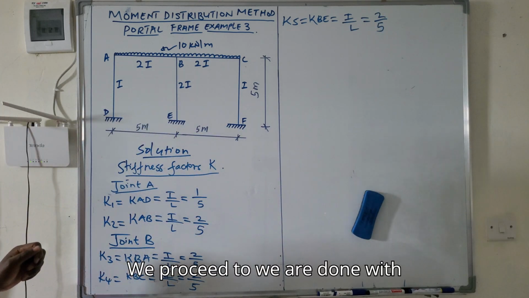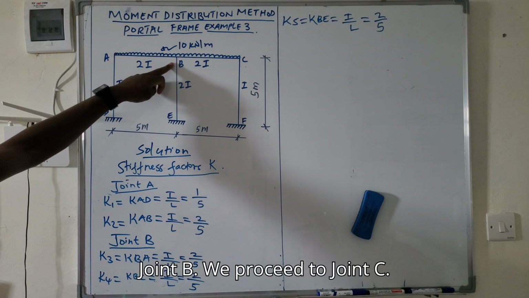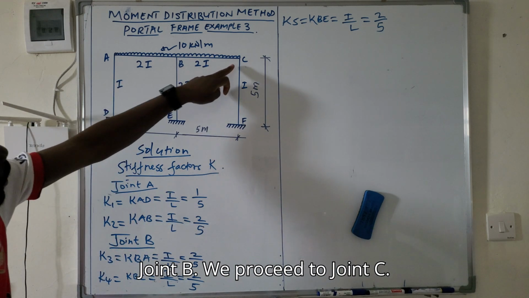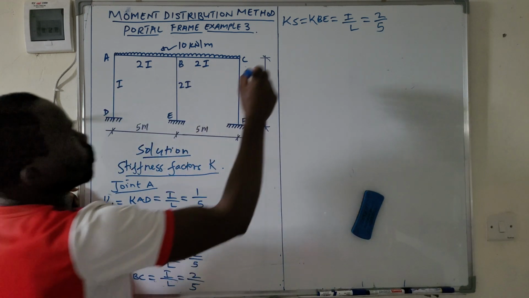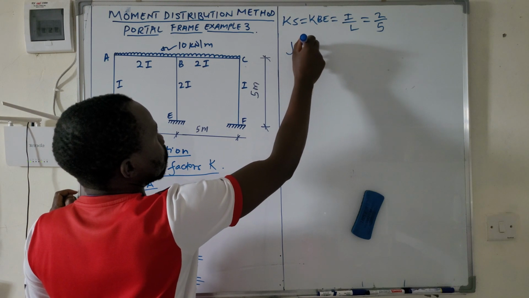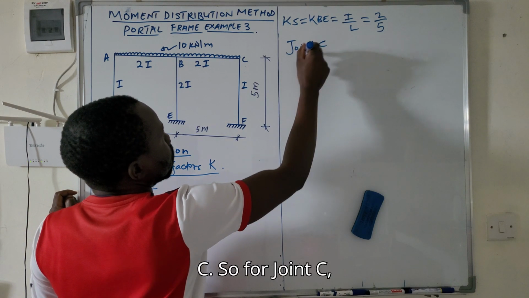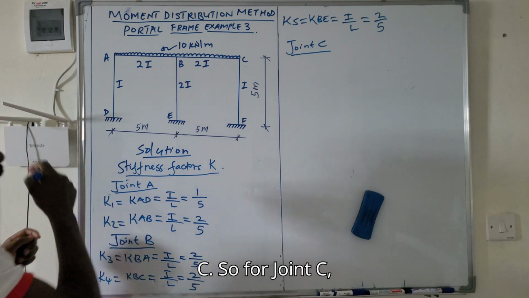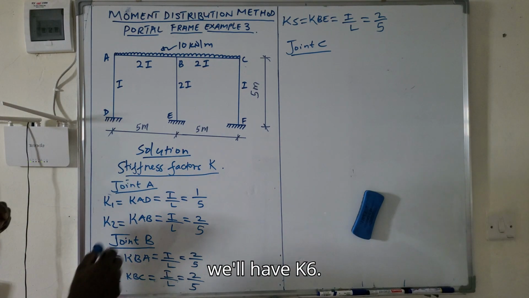We are done with joint B. We proceed to joint C. For joint C, we'll have K6.